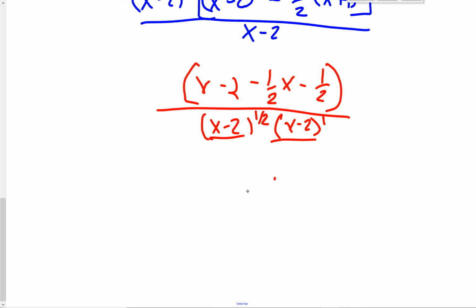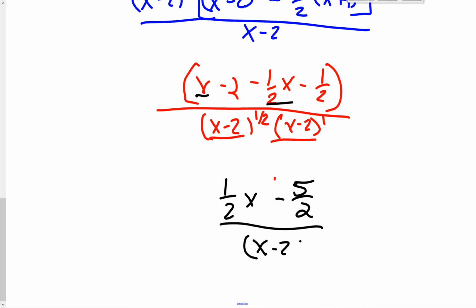Let's go ahead and simplify it all, right? Might as well. So we have x minus half of x, so that's 1/2 x. We have minus 2 minus 1/2. That's minus 5/2. And then all over, we can join those two bases together by adding their exponents, and we get 3/2.